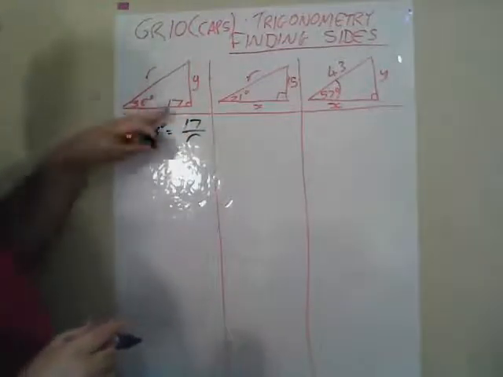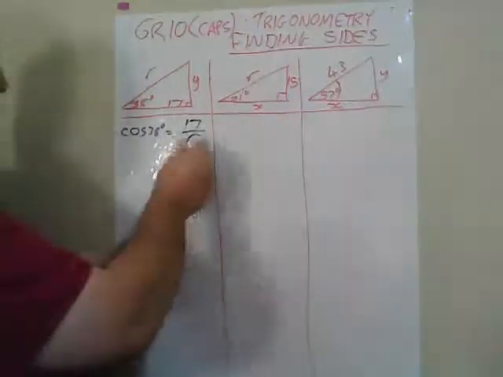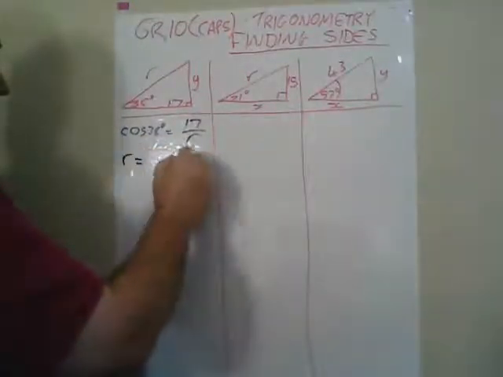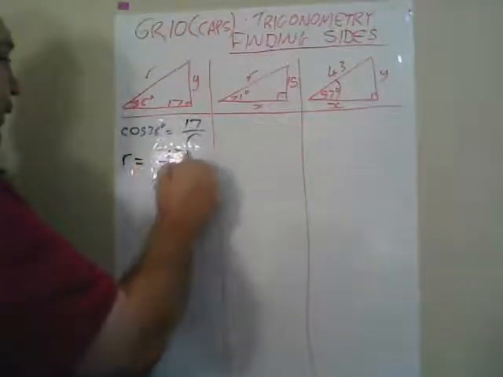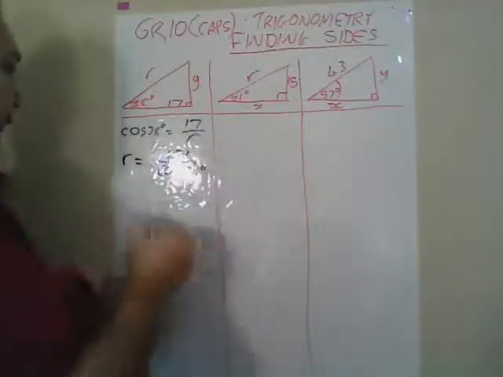So it's the adjacent over the hypotenuse, x over r, and we're going to make r the subject of the equation, so r is equal to 17 over cos of 38 degrees.